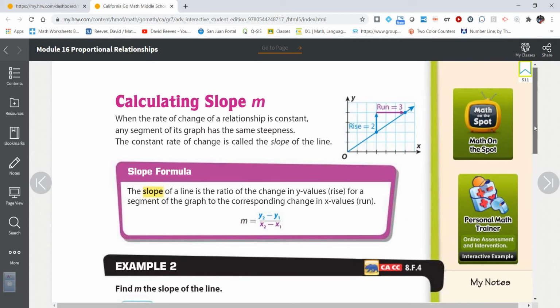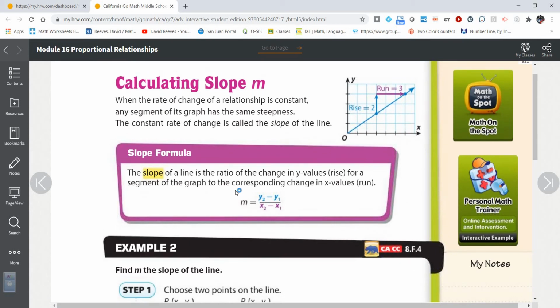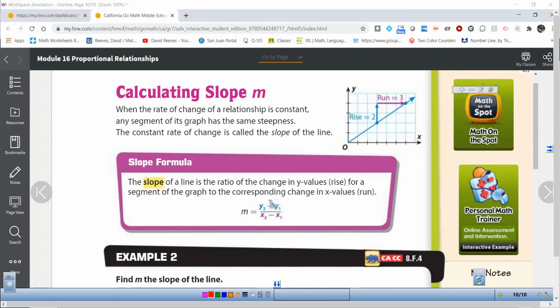All right, here on page 511 is where they're defining slope. All right, slope again is the rate of change. This is what I'm calling my delta y on the top, and on the bottom is delta x. We often refer to that top part as the change in y, and the bottom part we refer to as the change in x. And if you want to know the change between any 2 things, what can you do?